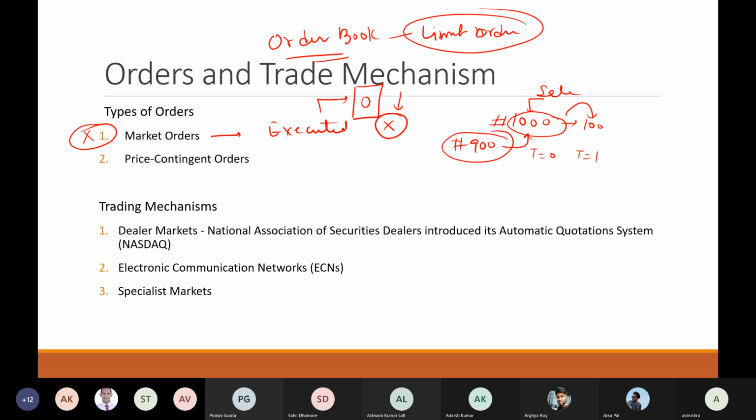That's why we call it a limit order book rather than a market order book. In this data set, or information set, you will get the details of limit orders or contingent orders. Is it clear? Okay, sir, I got it, sir.